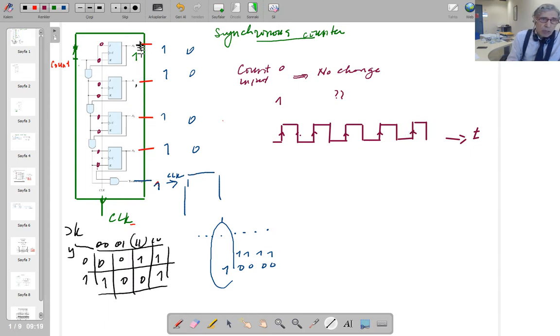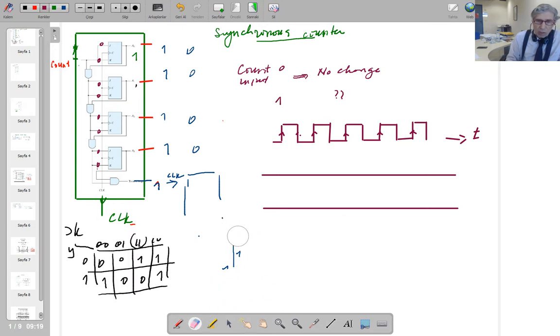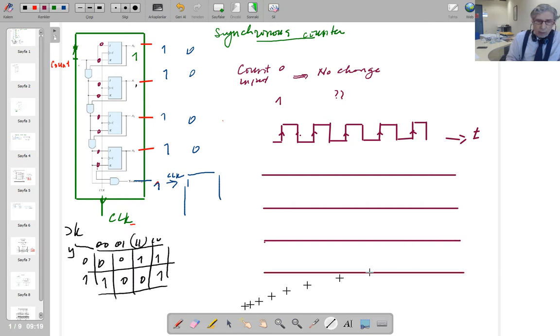So the outputs are A0, A1, A2, A3, so I draw here, that is A0, A1, so let's create this area, and, oh not this one, sorry. So that is A2 and this is A3. So A0, A1, A2, A3.